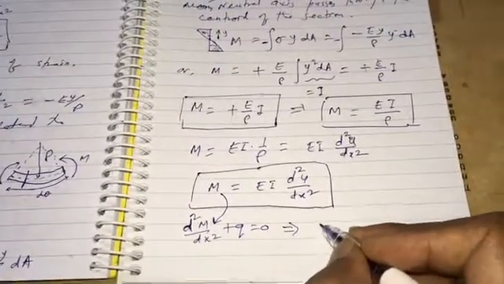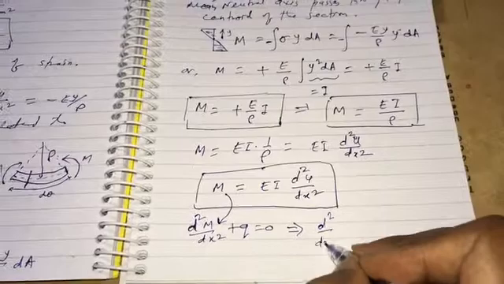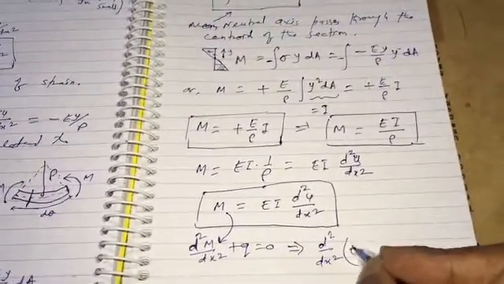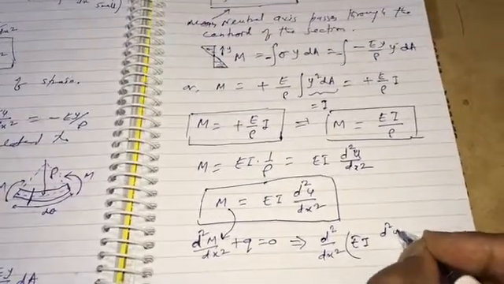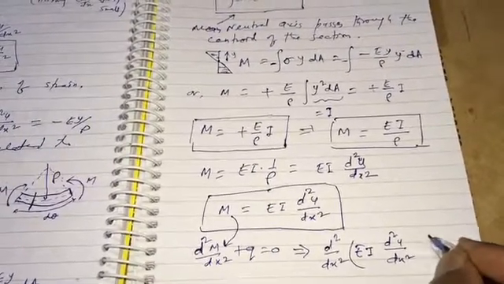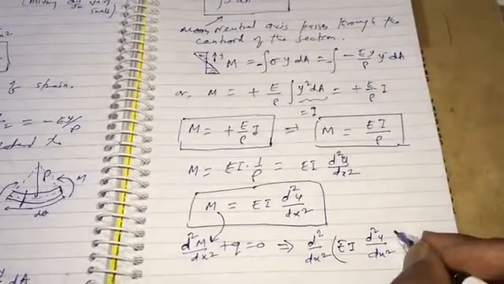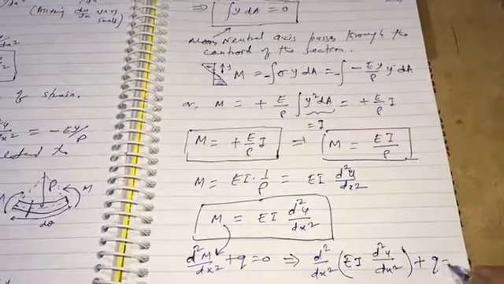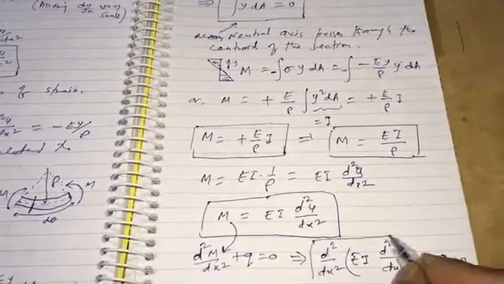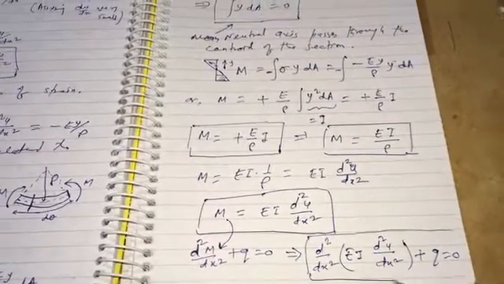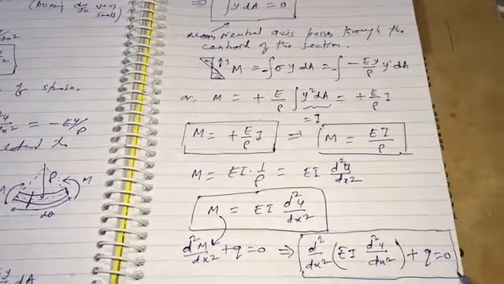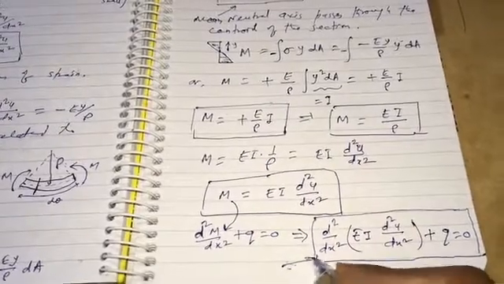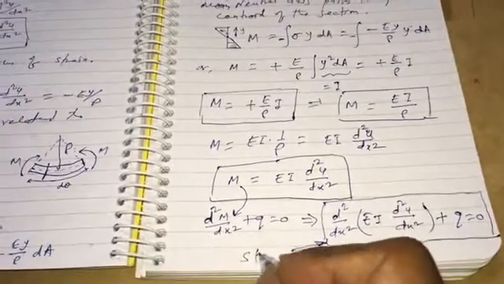Finally, what we get is d squared over dx squared of EI d squared u over dx squared, plus q equal to 0. So this is the final strong form.